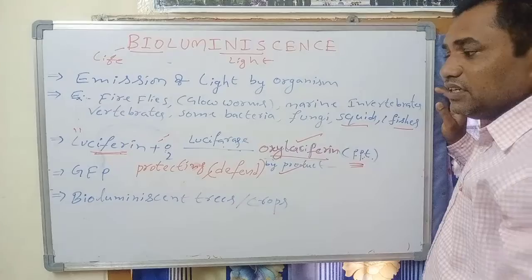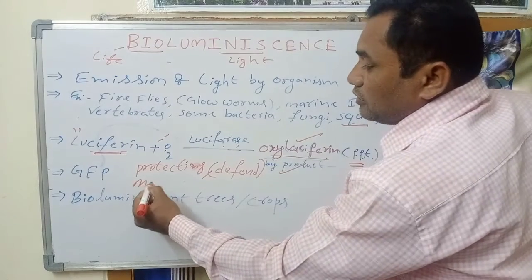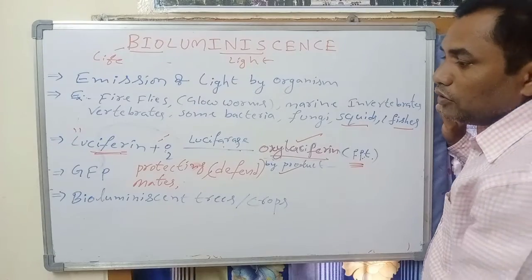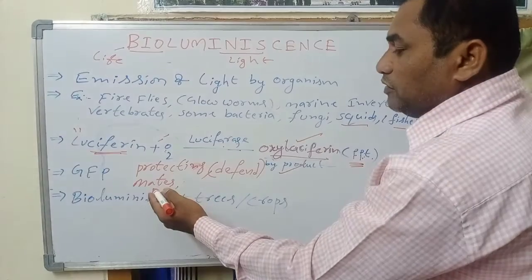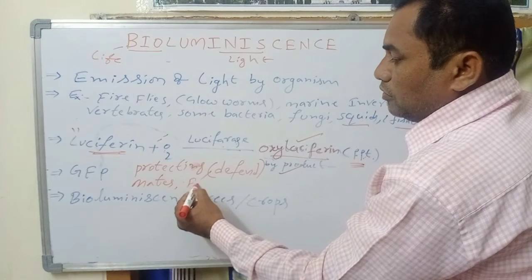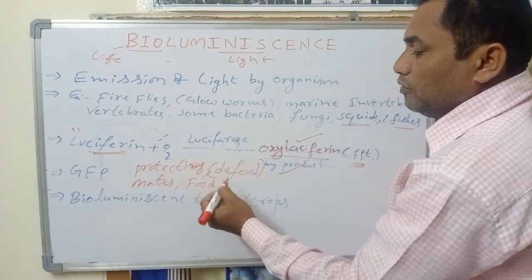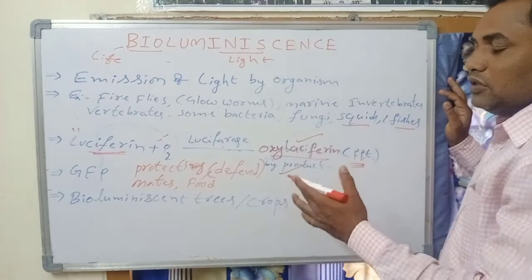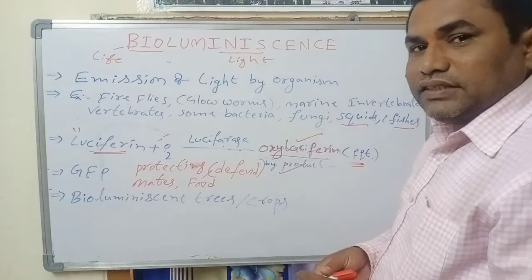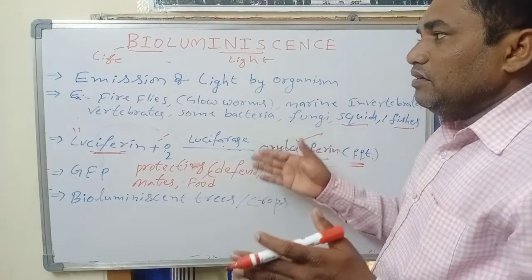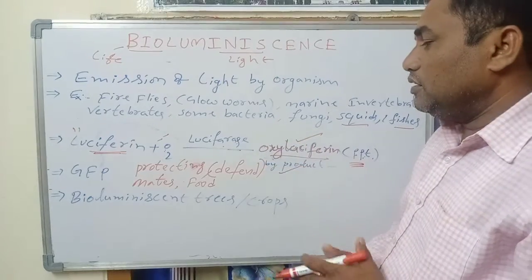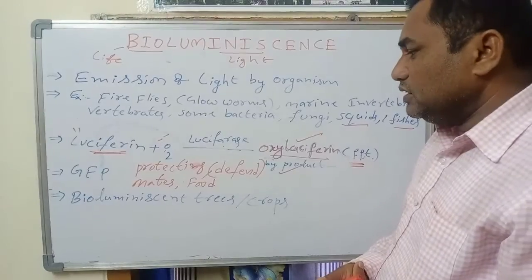And next, for mates. So for protection, for mates, for food materials. For these purposes, some of the living things produce the light, following the bioluminescence process.